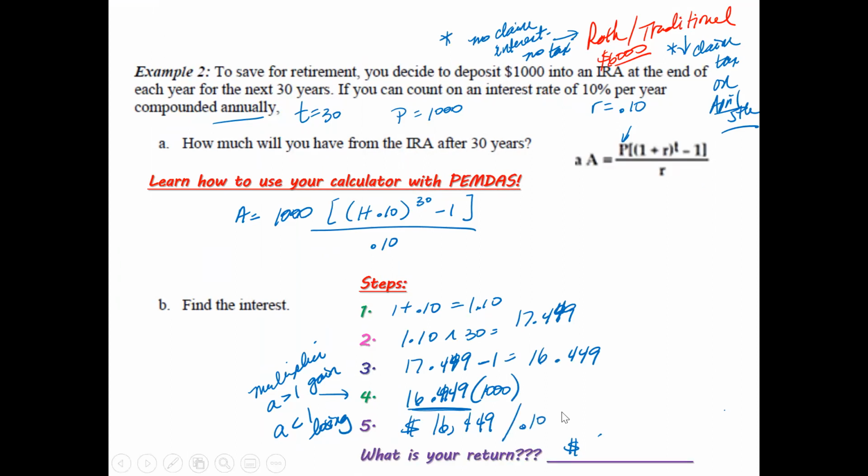Your return, take a look at this, is $164,490. And that's how much you get after just investing $1,000, which is pretty phenomenal. Could you imagine how much you get if you invested $30,000? Or maybe you just invest $1,000 every single year for the next 30 years. I mean, this is pretty phenomenal.